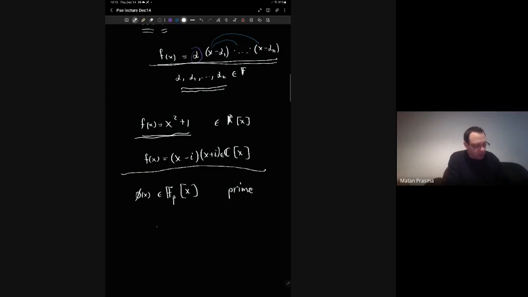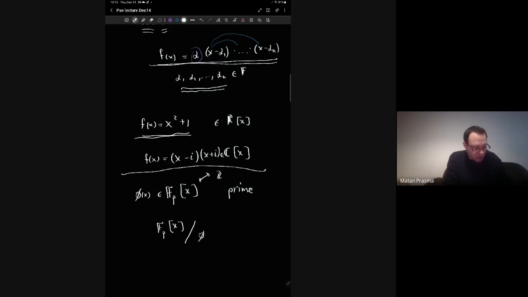Then we showed that if we do F_p[x] modulo this prime polynomial, remember by the analogy, F_p[x] is like the integers. Polynomials over a field behave like integers in the sense that I can decompose every polynomial into a product of primes, and I have a GCD, I have long division, and so on.